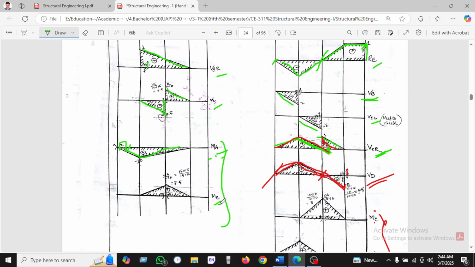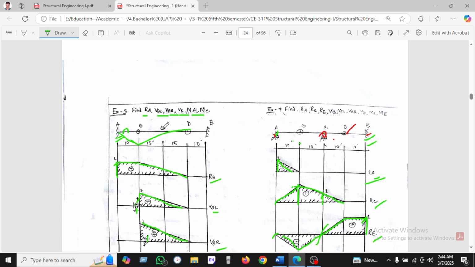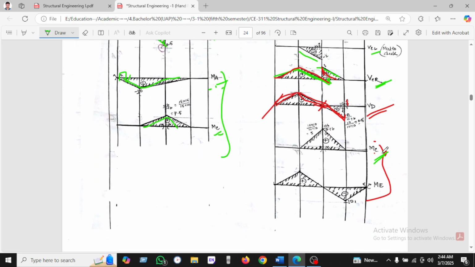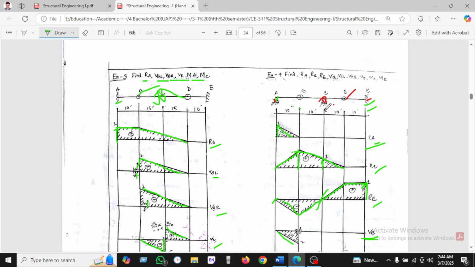And what will be MC? This is very easy. If we calculate MC, then we insert the internal hinge here, and we act a force here, so it will be like that. And another one will be like this. Okay, this is the MC.